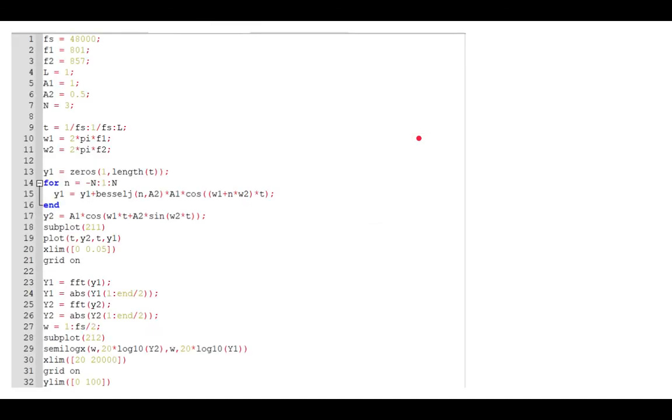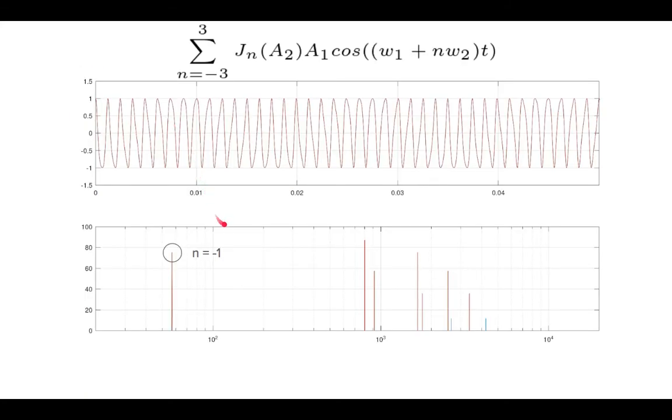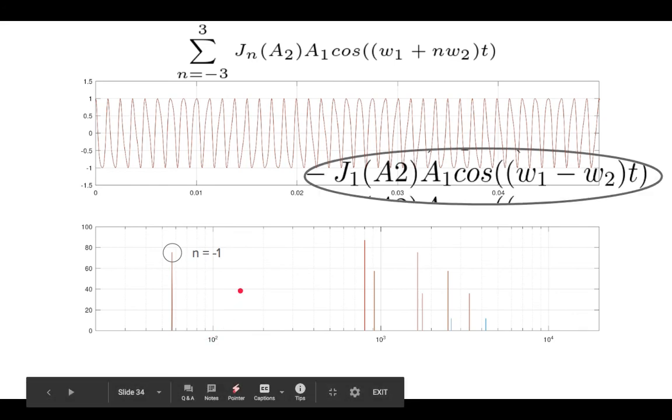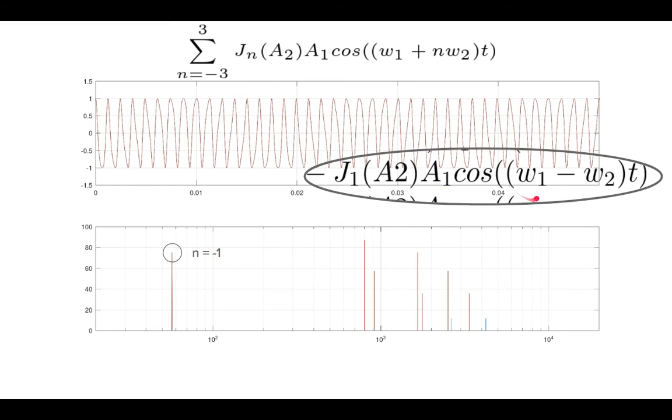And as I showed previously, I'll show the production of an undertone. So again, if we make these two frequencies closer together, then what we're going to have is this term that's at n equals -1, and here is the exact term. We have omega 1 minus omega 2. So again, almost the same as what we had in the previous example in the amplitude modulation video.